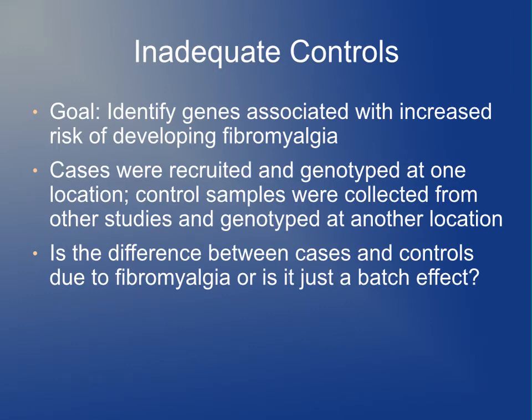Well, after some discussion, we finally figured out that the fibromyalgia patients were recruited and genotyped at one location, and the control samples were recruited from different studies and genotyped at a different location. The incredibly strong association that I had found with fibromyalgia was actually just an incredibly strong genotyping batch effect, which was a bummer.